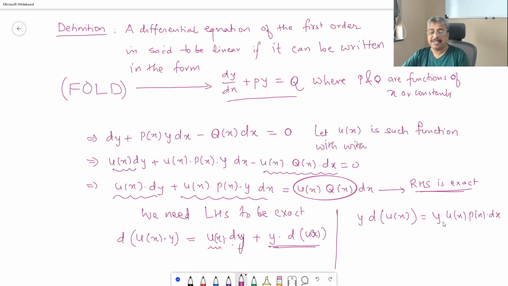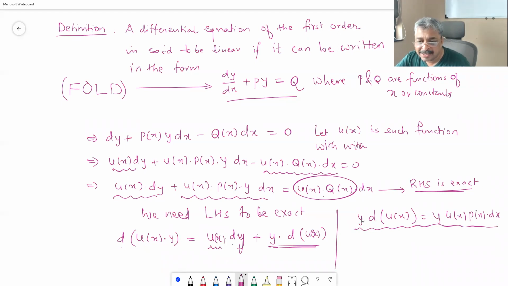If these two quantities are equal, then I will be able to say that the LHS of this expression is the derivative of u of x into y, and the RHS of this expression is a function of x, and therefore they should be equal. So now I am left with only this to be resolved.